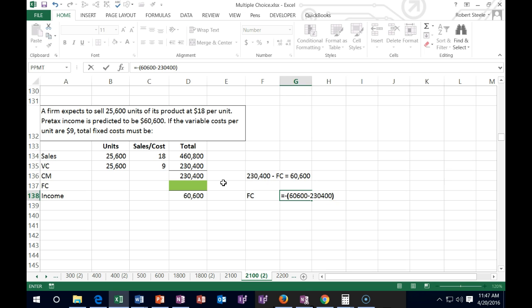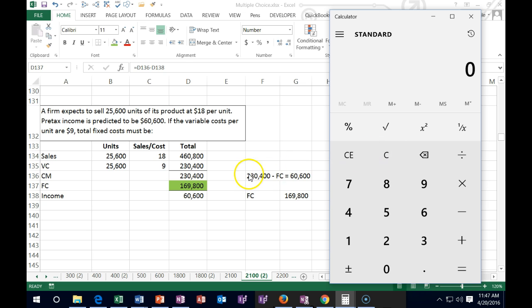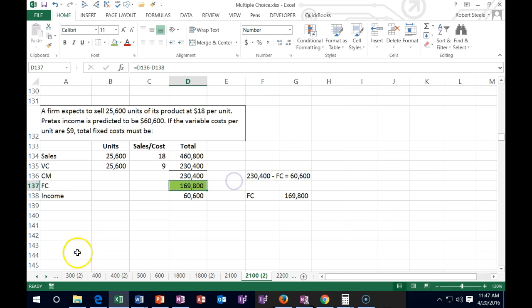So I took a couple steps in one. And there's a subtraction problem. So we can see it's basically a subtraction problem. We're just going to say it's the 230,400 minus the 60,600. And there's no real problem to make an estimate if we're not totally sure, because we can just double check it. Say, well, does that work? 230,400 minus the 169,800. Does that equal 60,600? It does. Alright, so that looks like it's okay.